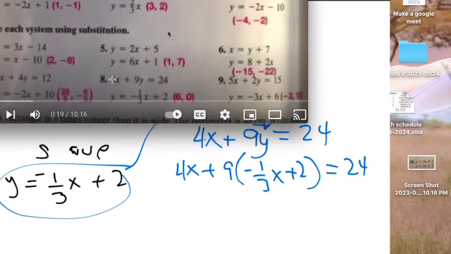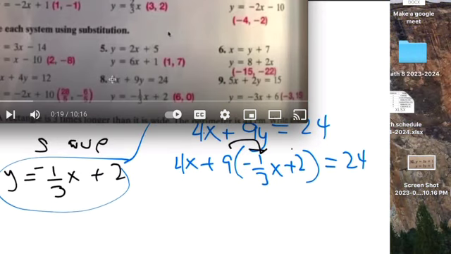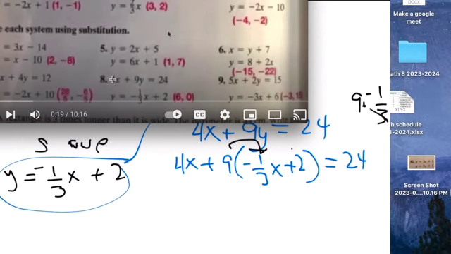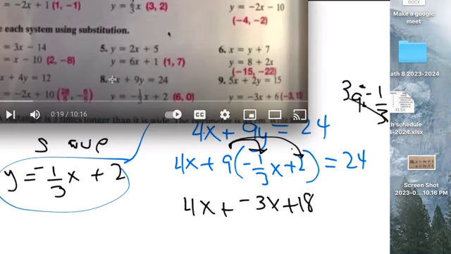Distribute the 9 to -1 over 3, so you need to know how to work with fractions there. I'm going to do on the side 9 times -1 over 3. Cross cancel, that's 3, 3 times -1 is -3x. Distribute that, that's 18. That's 4x there, add that, equals 24.